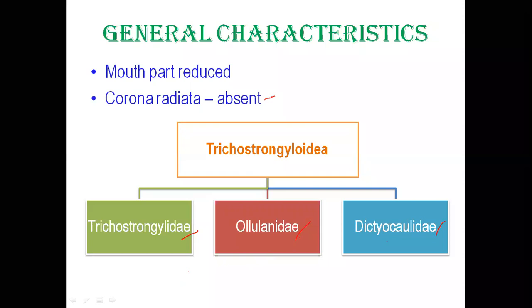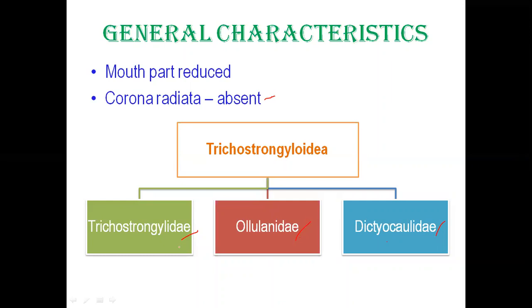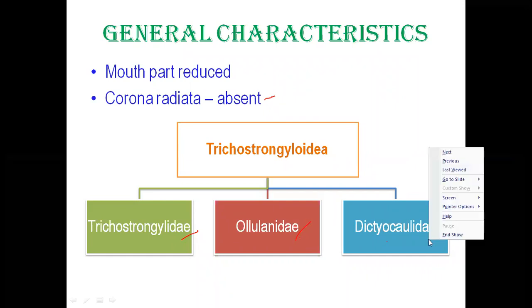Okay, so the parasites under Trichostrongylidae mostly reside in the gastrointestinal tract, whereas Dictyocaulidae mostly reside in the respiratory tract. That's why they are known as lungworms.